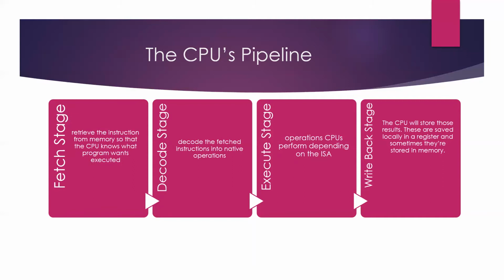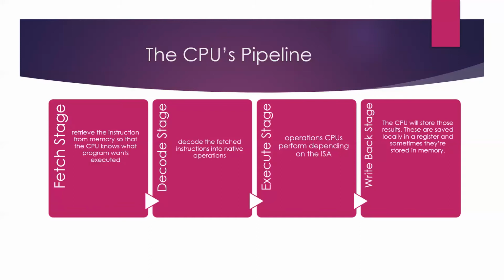The fetch stage, where it retrieves the instructions from memory so that the CPU knows what programs are to be executed. The decode stage, where it decodes the fetched instructions into native operations. The execute stage, where the CPU performs operations depending on the ISA. And the write back stage, where the CPU stores those results.